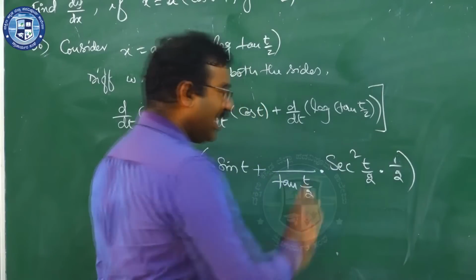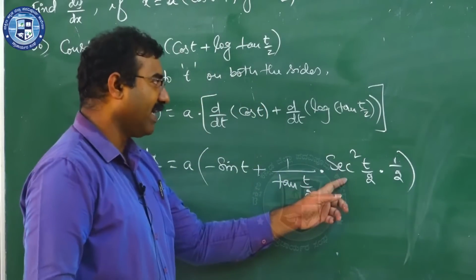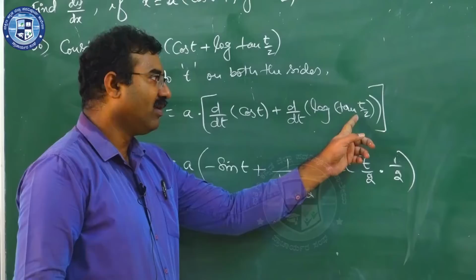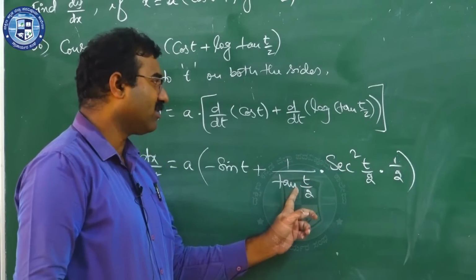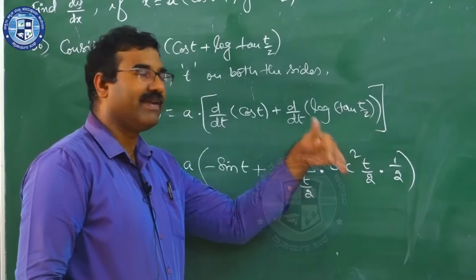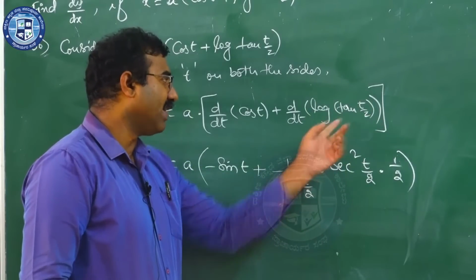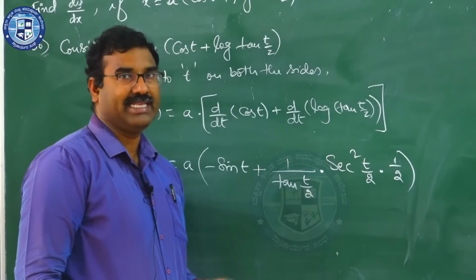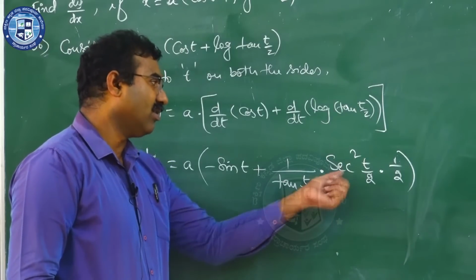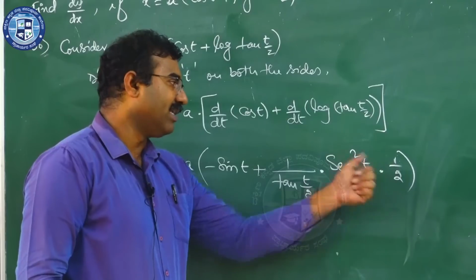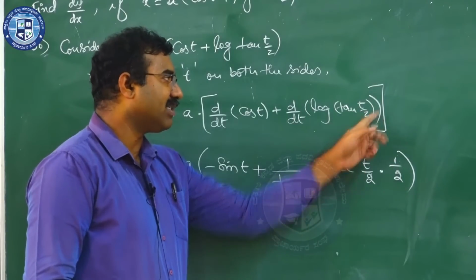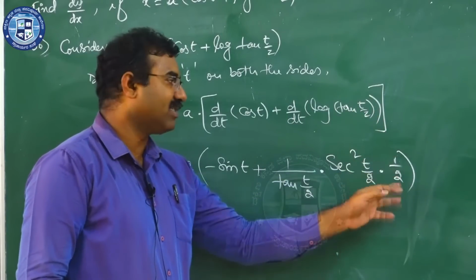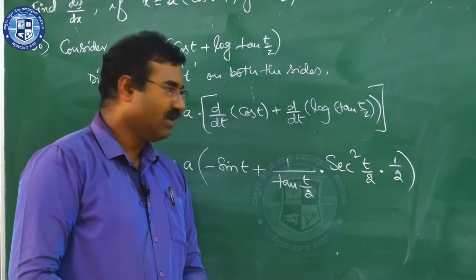Listen carefully: differentiation of log x is 1 by x, but since it is not x, its derivative you have to consider again. So d by dt of tan t by 2 is secant square t by 2 into d by dt of t by 2, which is 1 by 2.